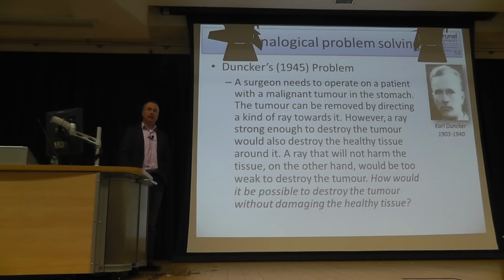However, if you make the ray so strong that it kills the tumor, then it kills all other tissue as well. If you make it so weak that the surrounding tissue is not damaged, then it doesn't harm the tumor. So how could you solve that problem? Any ideas?